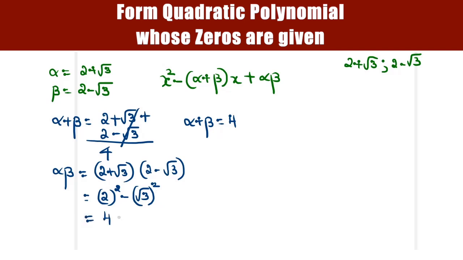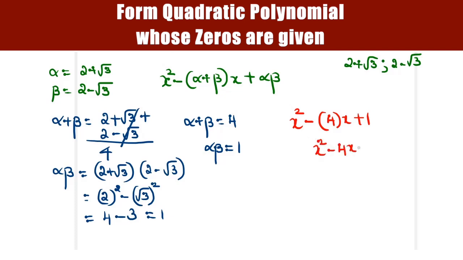So 2 square is 4, minus root 3 the whole square is 3. So 4 minus 3 is 1, which is alpha beta is equal to 1. So let us now form the quadratic equation. It is x squared minus 4 into x plus 1. So when I arrange it, it is x squared minus 4x plus 1.